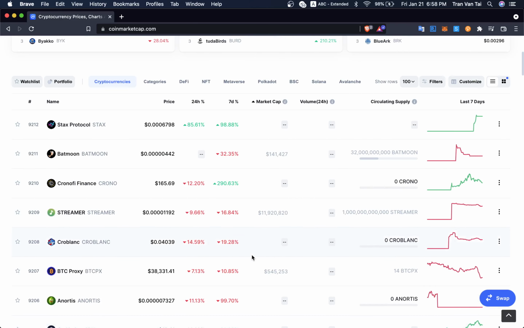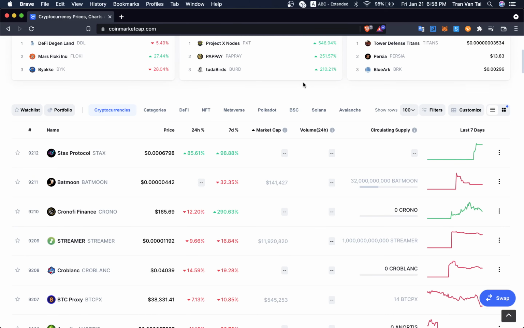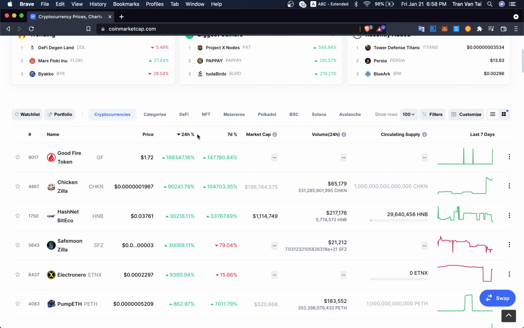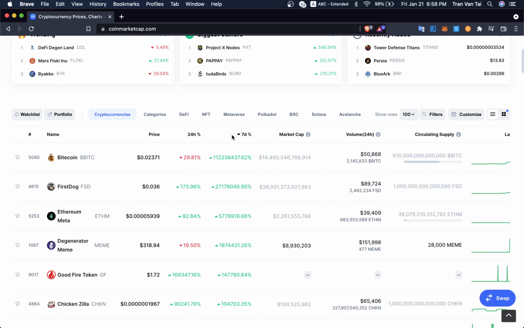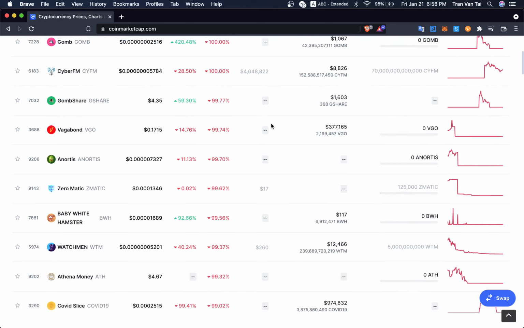And you can see here I order by descending, or I order by percentage change in 24 hours or 7 days. You can order by this, and can see an overview of the market currently.